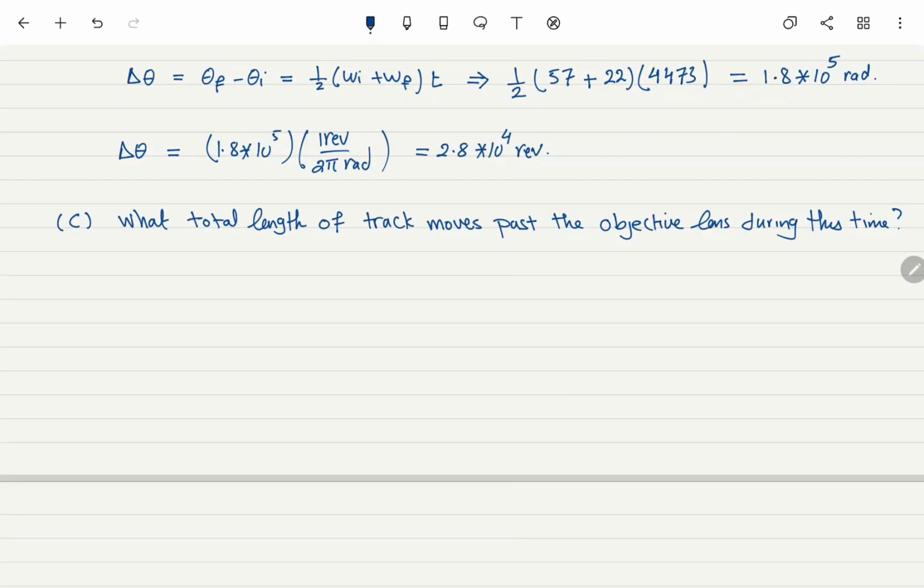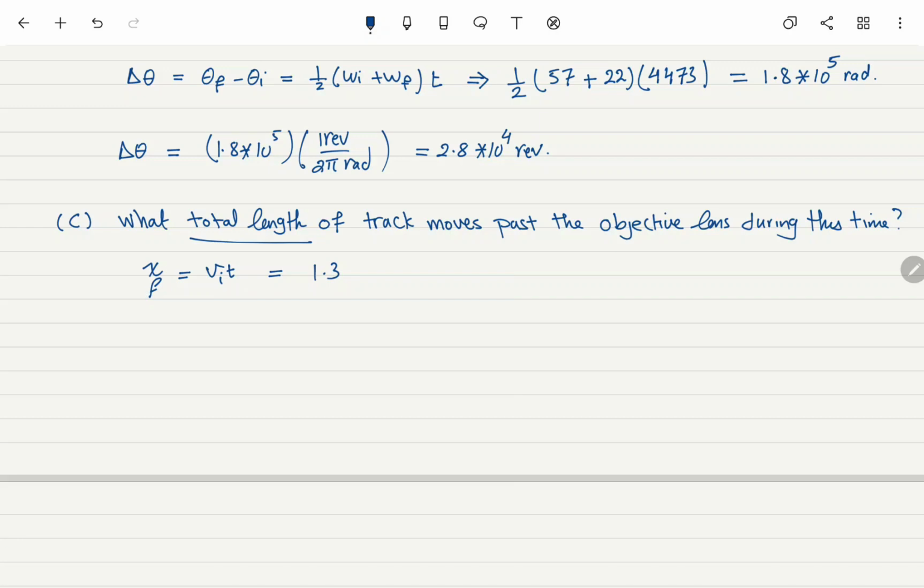What total length of track moves past the objective lens during that time? Now in this case, because it's asked for total length, we need to find the translational distance.